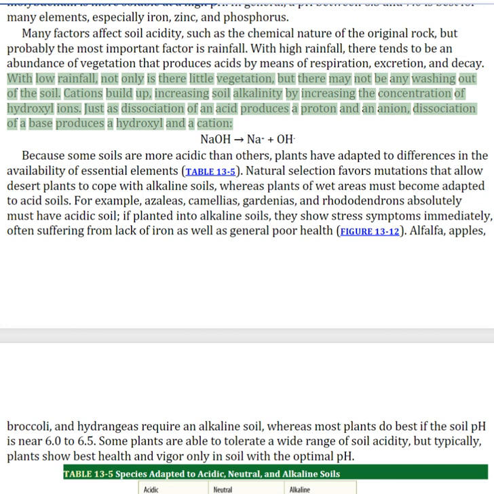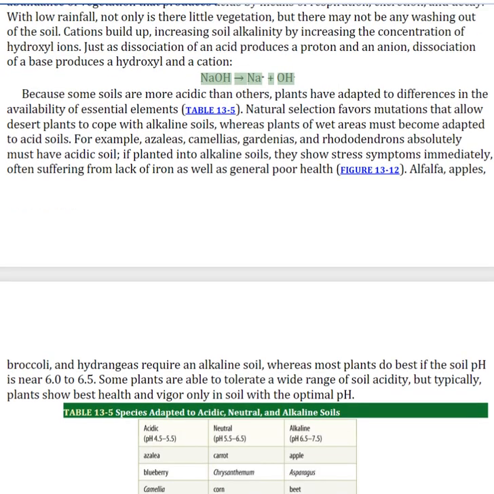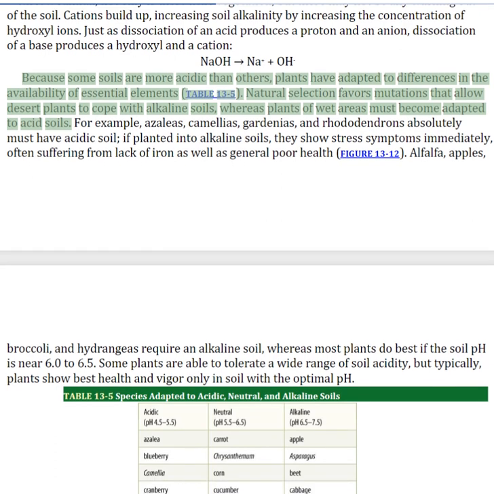Cations build up, increasing soil alkalinity by increasing the concentration of hydroxyl ions. Just as dissociation of an acid produces a proton and an anion, dissociation of a base produces a hydroxyl and a cation. NaOH → Na+ + OH−.